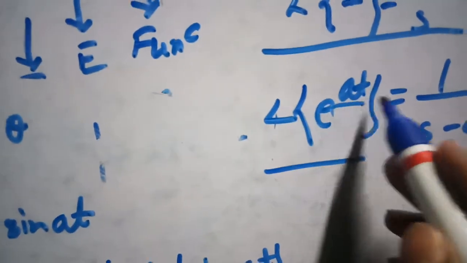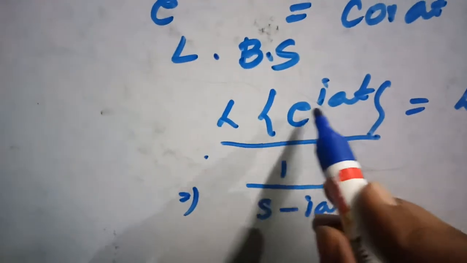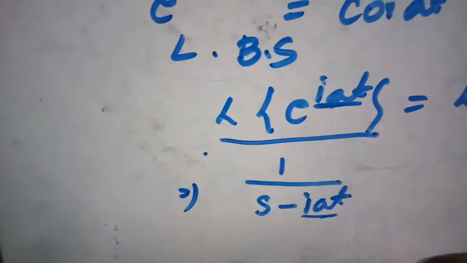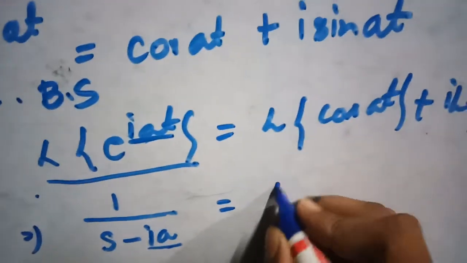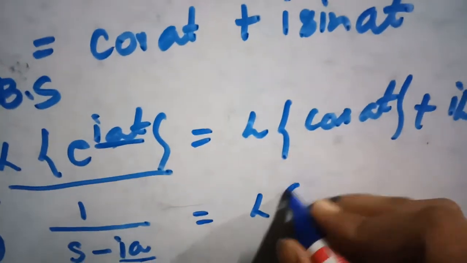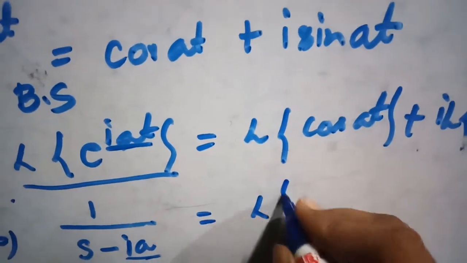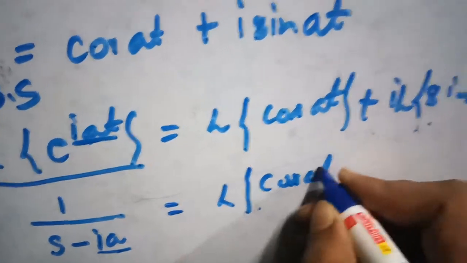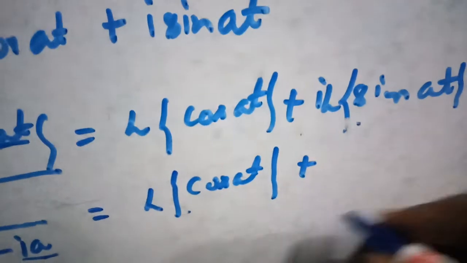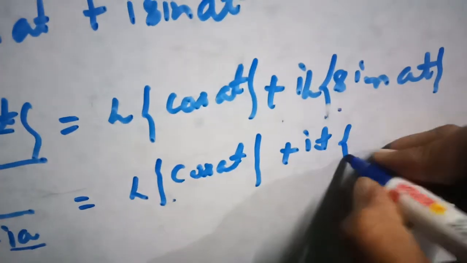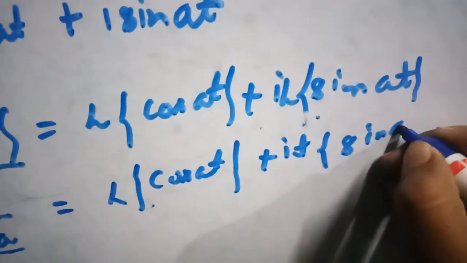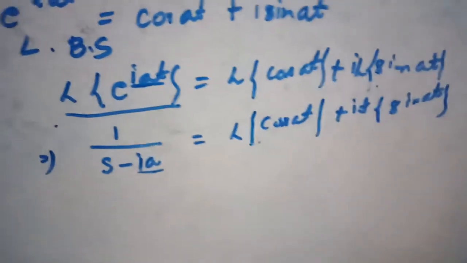Like here, at is equal to a, so i at is equal to i a, sorry, this is t, not here. And the right hand side is the same, cos at. We don't use the limit to simplify the problems, just comparing two terms. So this is the final.